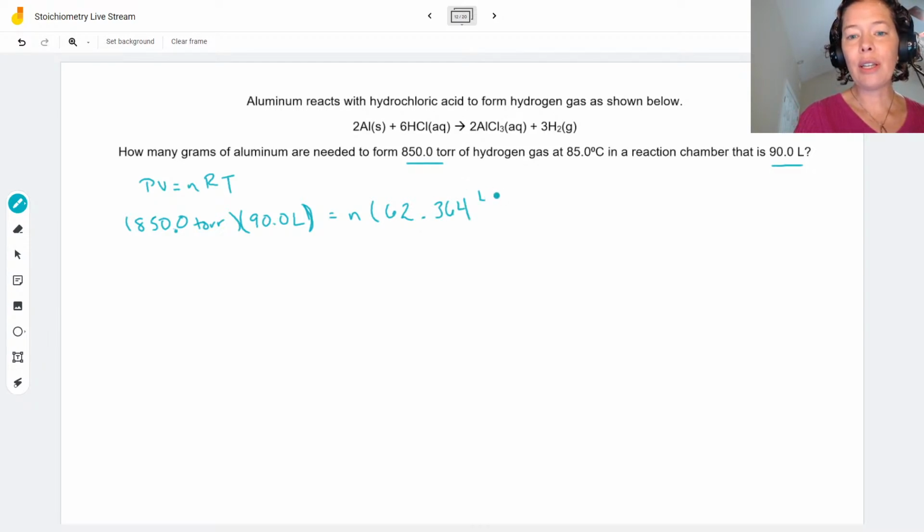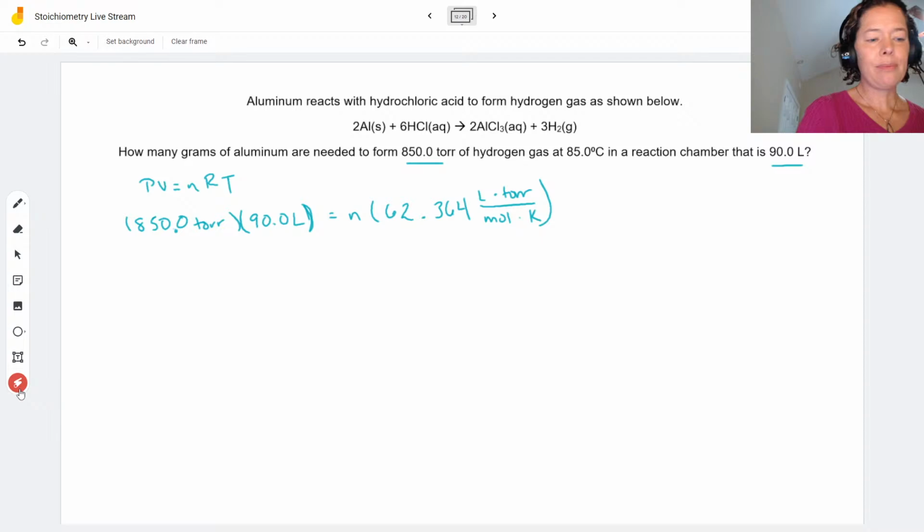And the units there are liters torr over mole K. So if you're ever unsure if your R matches, just check all of your units. We have torr here and torr here, liters here, liters here.